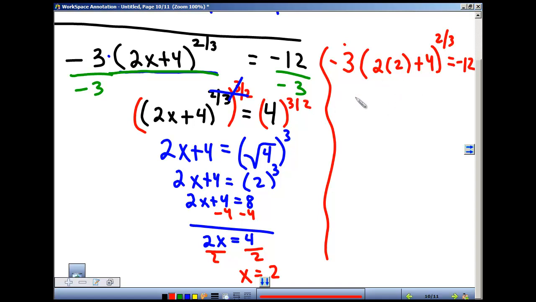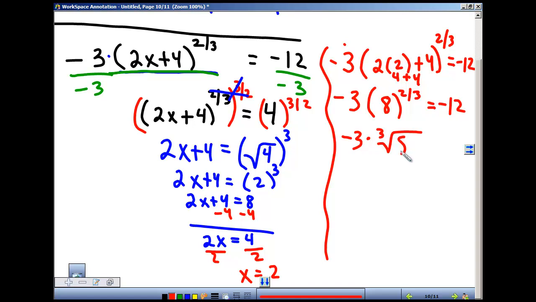Okay, PEMDAS says take care of inside the parentheses first. So I have 4 plus 4, that's 8 to the 2/3 power, is equal to negative 12. This is times the cube root of 8 squared. I want to see if that's equal to negative 12.